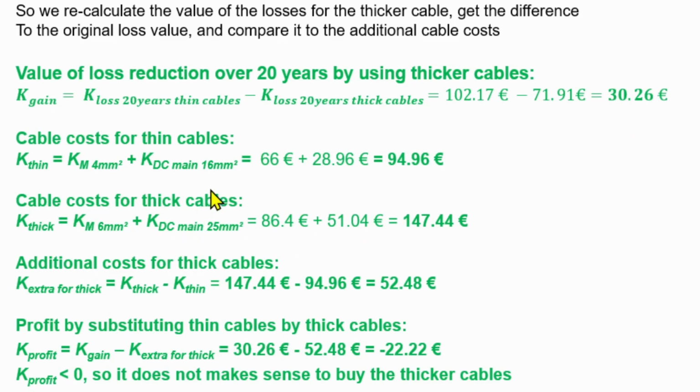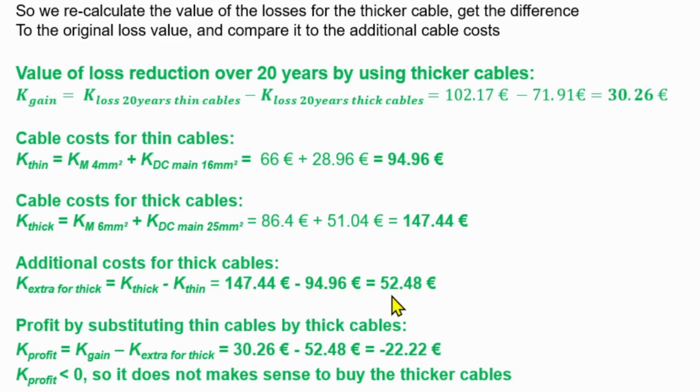Let's see the values of the cable. The cable cost for the thin cables is 94.96 euros for all cables. So this is the module wiring cables plus the DC main cables. Altogether it is 94.96 euros. For the thick cables, 147.44 euro. Here you already see that the difference is more than 30 euros.